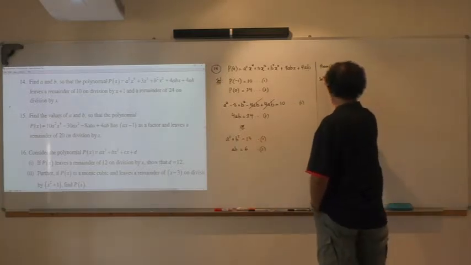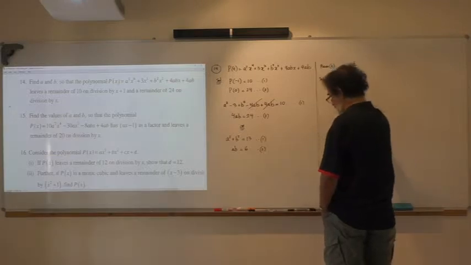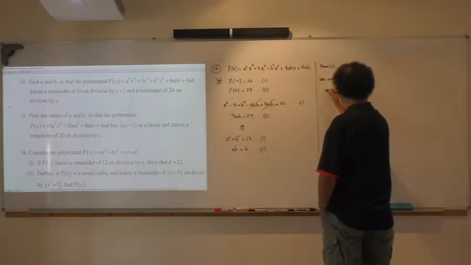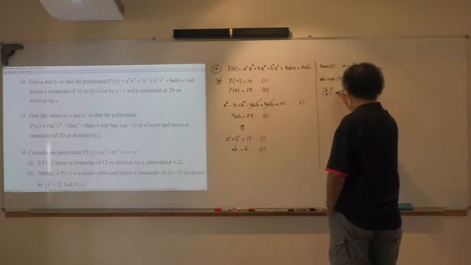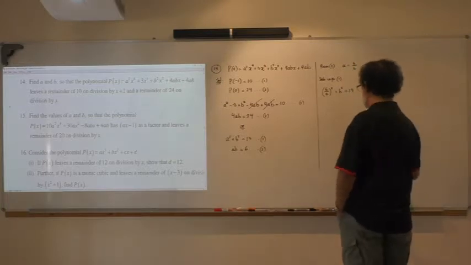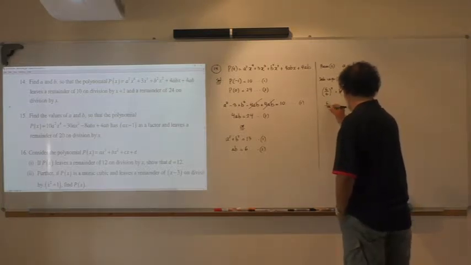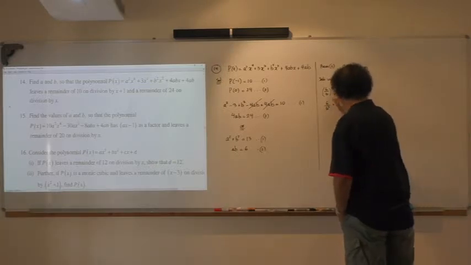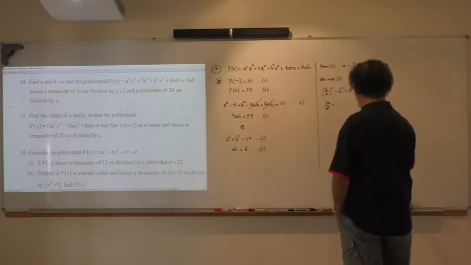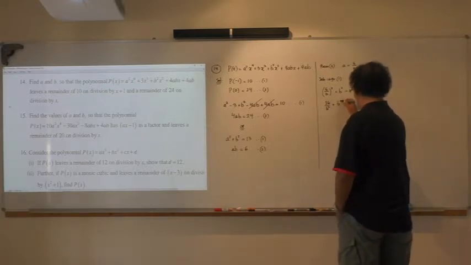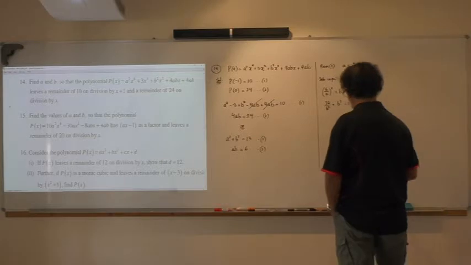So, substituting into 1, we have that 6 over b, squared, plus b squared is equal to 13. Actually this is 36. This is 36 over b squared plus b squared is equal to 13.